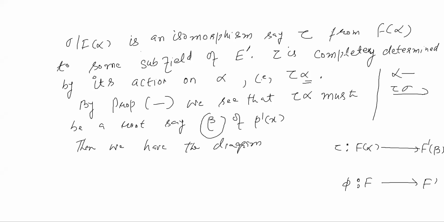Now that subfield, some subfield of E dash, would be nothing but F dash beta. So you have tau, and then on the top you have sigma. Sigma is from E to E dash. So you have this situation.